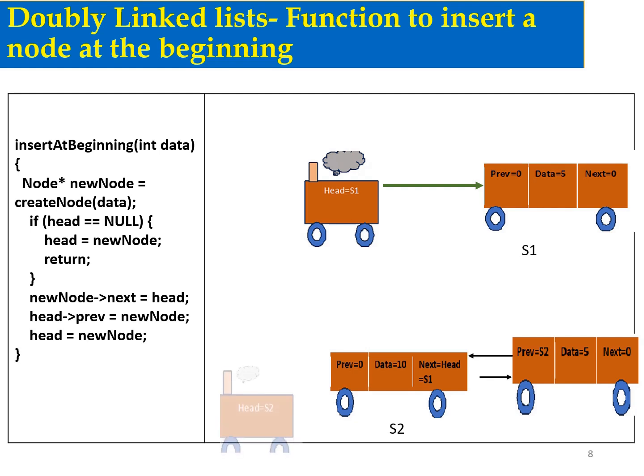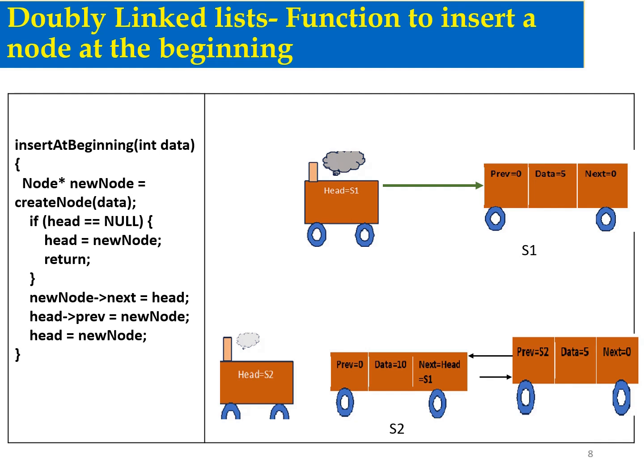So when you write this, what happens? Head will change its address from S1 to S2. So this is what is happening. Then head of previous. What is head? Head is S2. S2 of previous, what is S2 of previous is 0 actually.